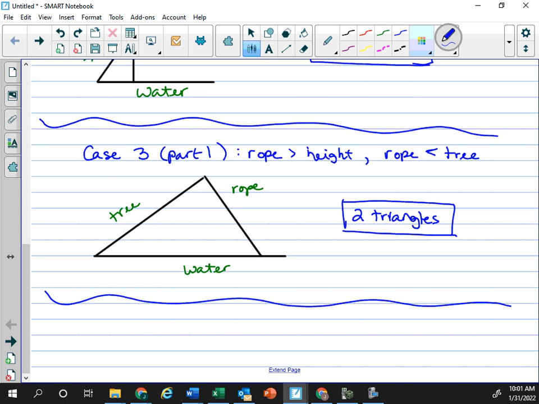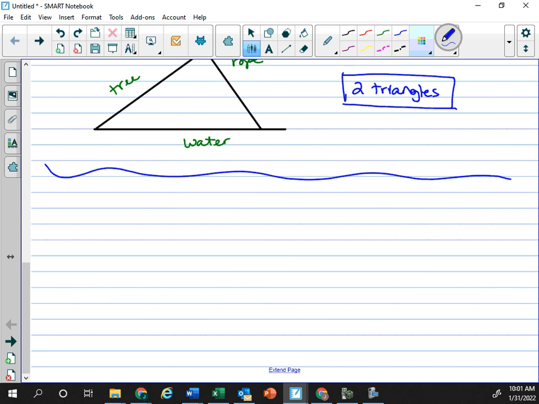Questions on that one? We okay with the idea at least? I know we haven't seen it in a problem yet. All right, let's do the last case, case 3, part 2. This time the rope is again bigger than the height, and the rope is bigger than the tree side.